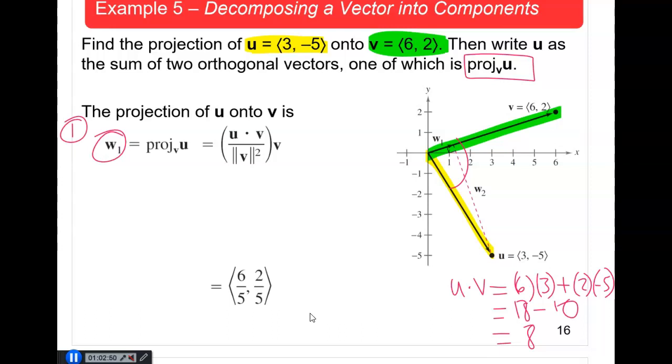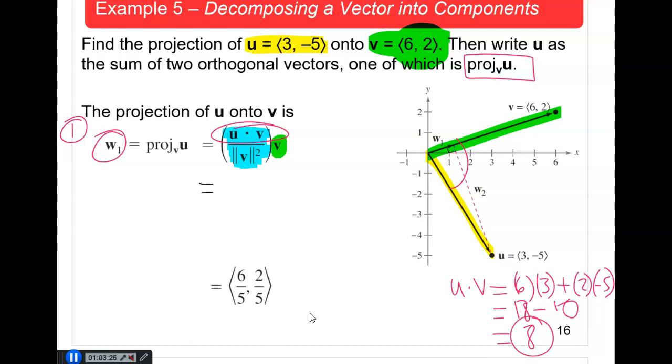So from the previous couple of slides, we already have the formula, and we know that this thing is the scalar. This is going to be a number. And then here for vector v, we will be using the coordinates of the terminal point that we have here. So let's start substituting or finding things. First of all, we already found the dot product of u dotted with v.